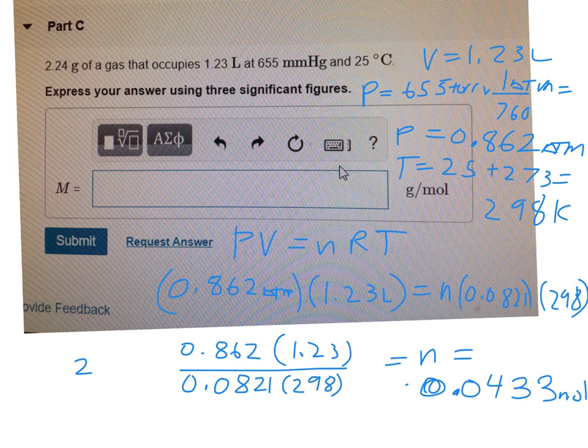And they told us that 2.24 grams has that number of moles. And that's going to give me an answer of 51.7 grams per mole. Correct. That's it.